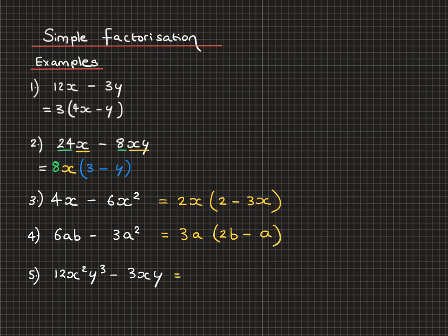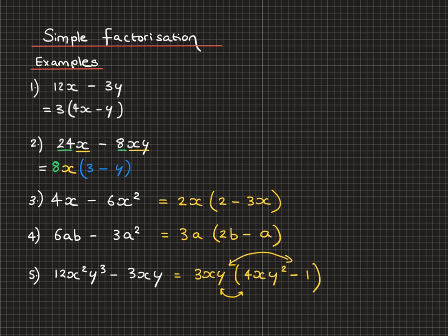And in the last example, I can take out 3xy, which leaves me with 4x y squared minus 1. And always expand back to check. If I multiply these two together, I will get 12x squared y cubed. If I multiply these two components together, I will get minus 3xy.